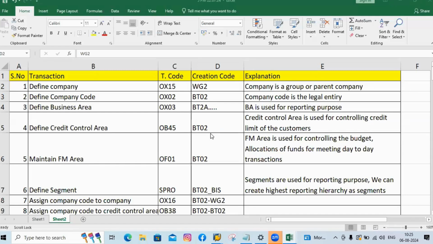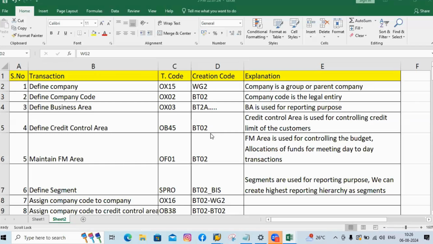How many account types are there in SAP FI? 5. 5 account types. What are they? Assets, customer, vendor, materials, GL account.